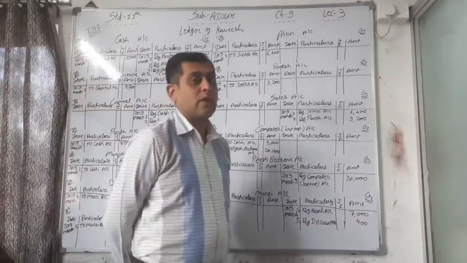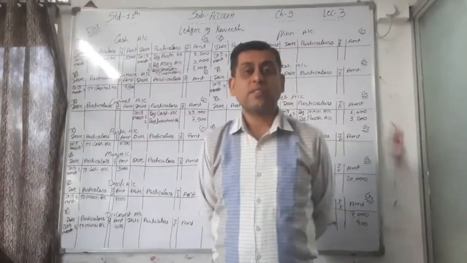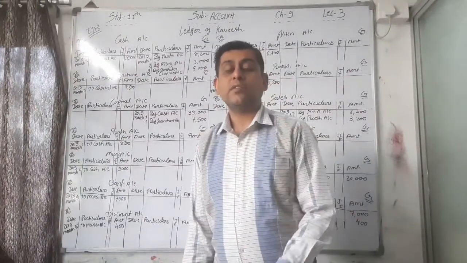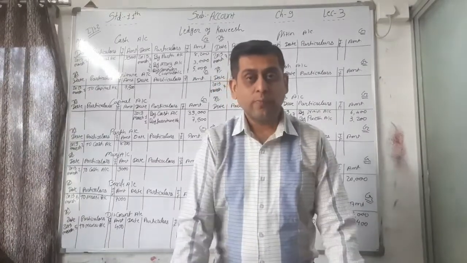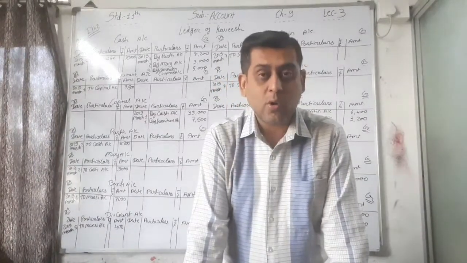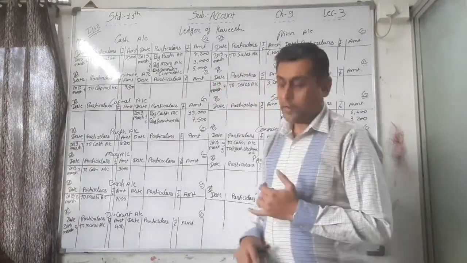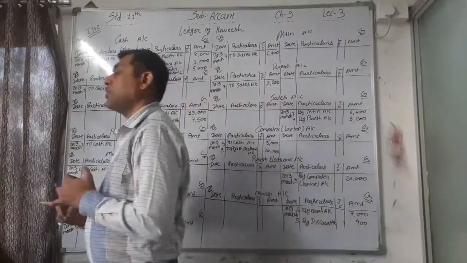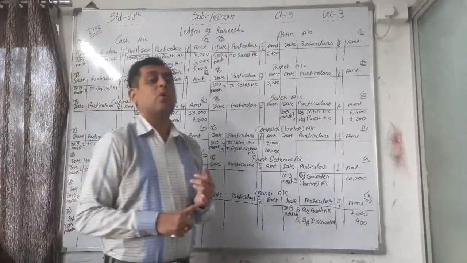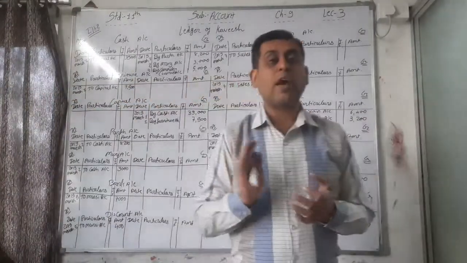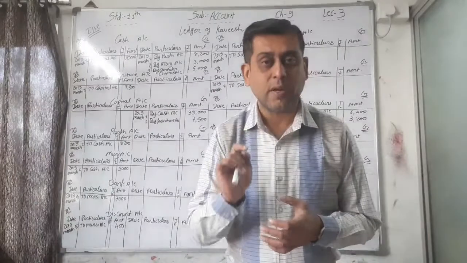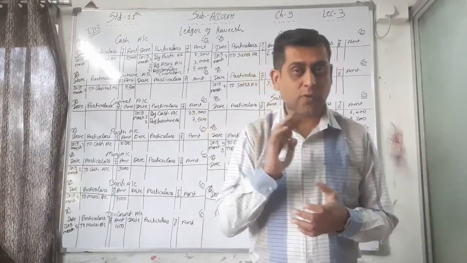So 1650 added, that is 8250, right? So write down in the amount column 8250. Again I repeat, 4th May, in the name of customer Jigar's account, and in the amount column 8250. How? 6600 plus 25% profit on it.